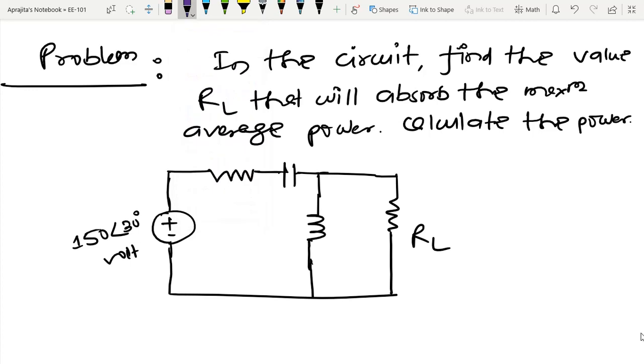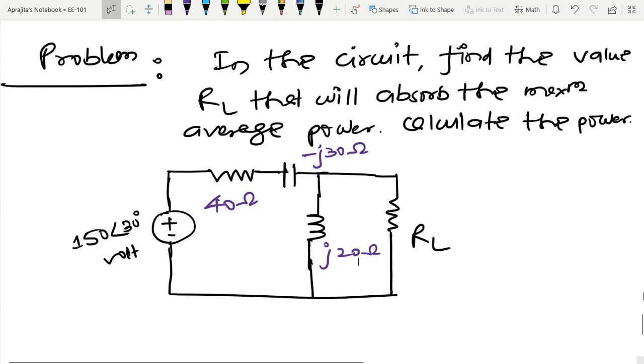So even if I do not know the value of RL, I can talk about the maximum power. In another way, if somehow I am able to ensure that there exists a maximum power transfer, then even if I do not know the RL, I can calculate it.